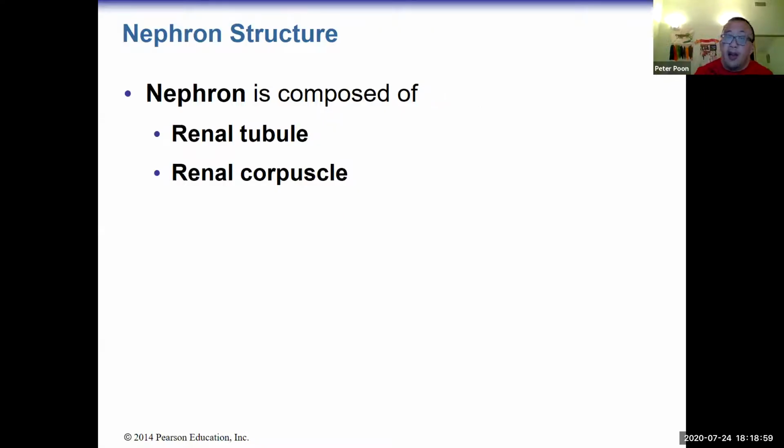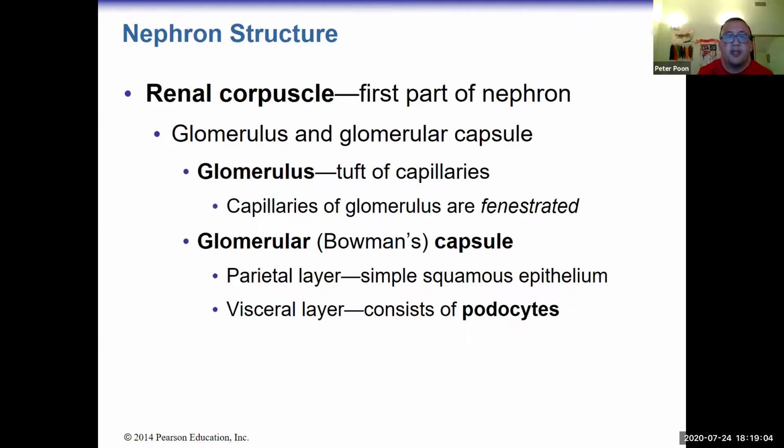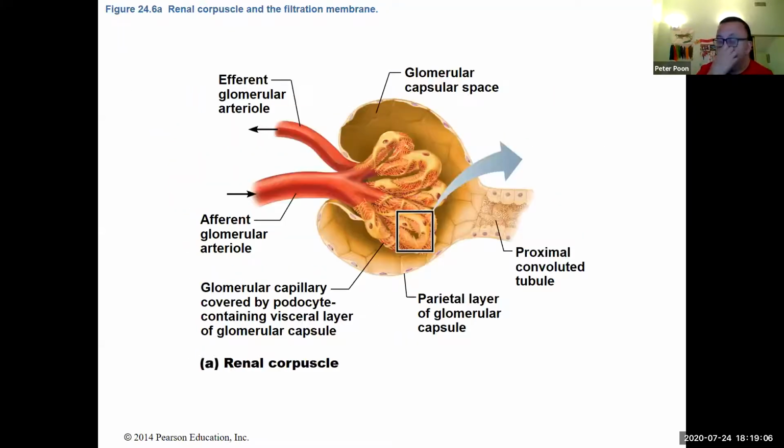The nephron consists of a tubule and a corpuscle, so let's talk about the corpuscle first. Here, this ball is called a glomerulus. The tube that goes in is called the afferent glomerular arteriole. The one that comes out is called the efferent glomerular arteriole.